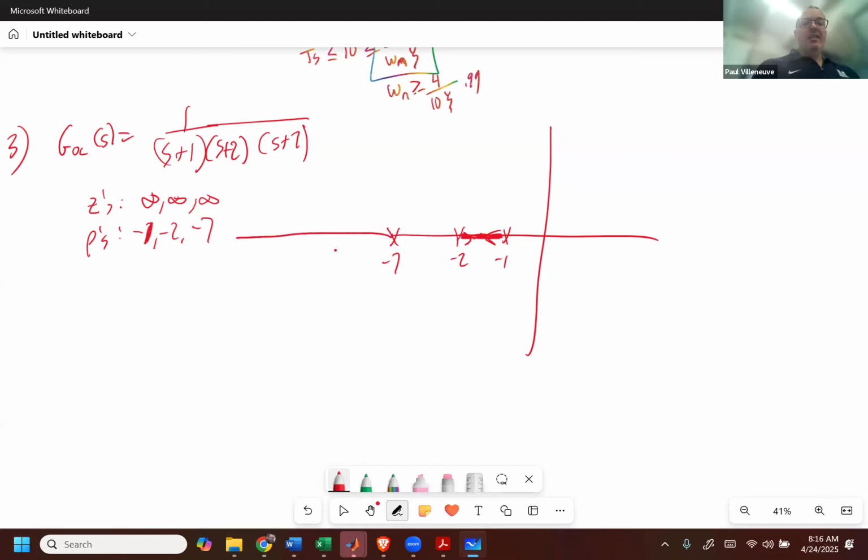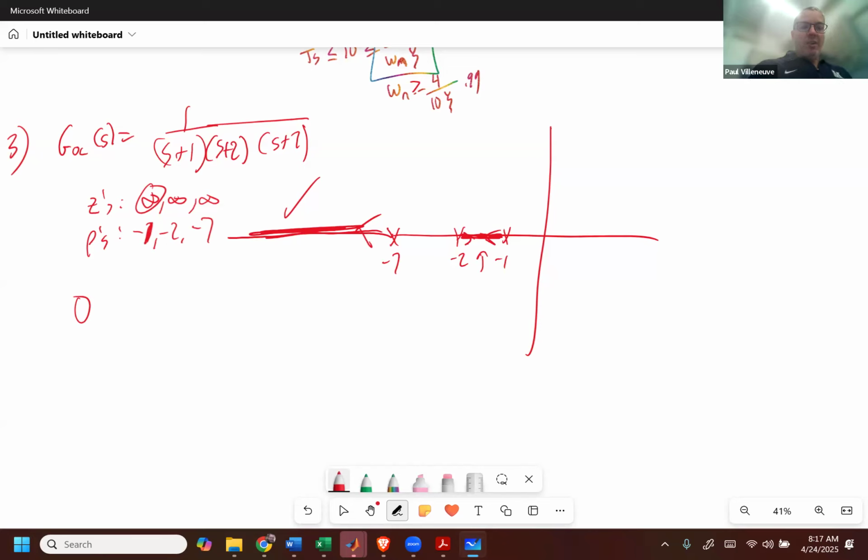Over here it starts at a pole and ends at one of those infinite zeros. So this root locus is all done. This one over here is not done. Since we are leaving the real axis, we have to calculate break-in and breakaway points. We also have to calculate asymptotes and all that good stuff. So let's calculate our asymptotes.